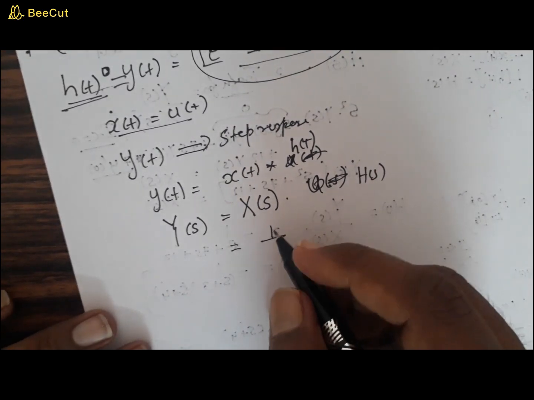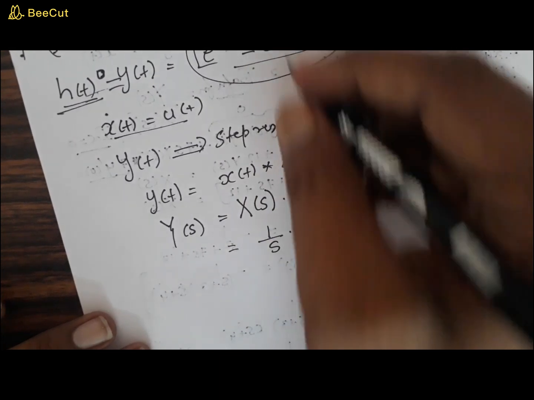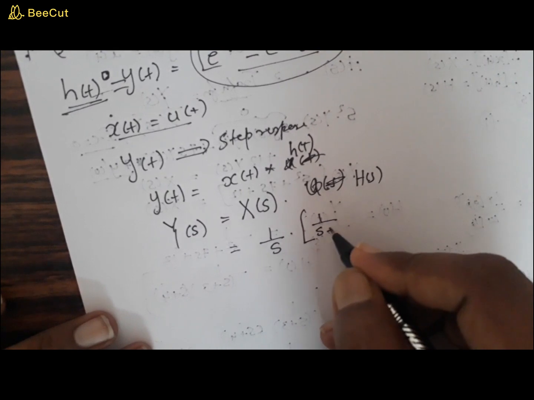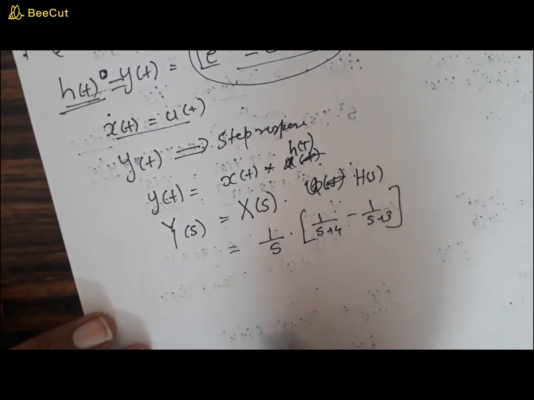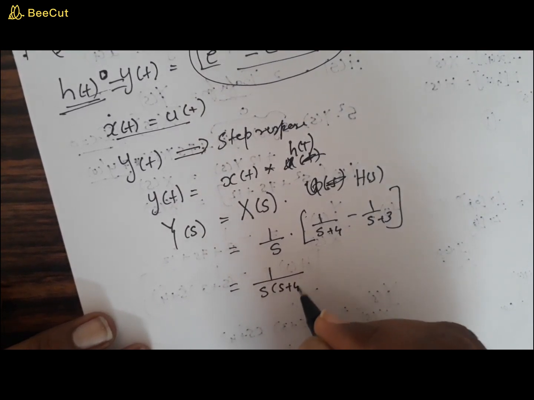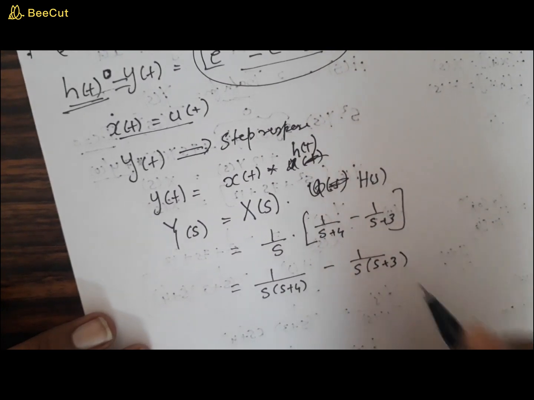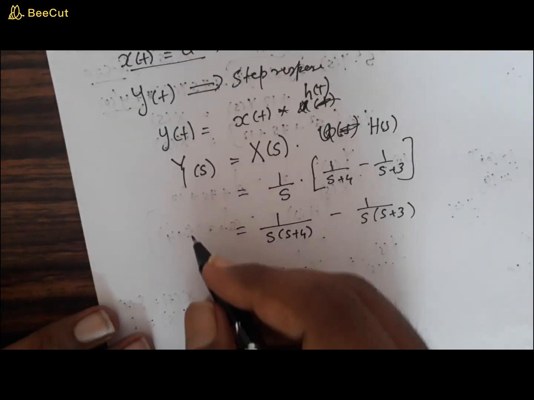So this is 1 by s into, what is H of s? H of s is 1 by (s plus 4) minus 1 by (s plus 3), right? So that you will get this as 1 by s into (s plus 4) minus 1 by s into (s plus 3), right?